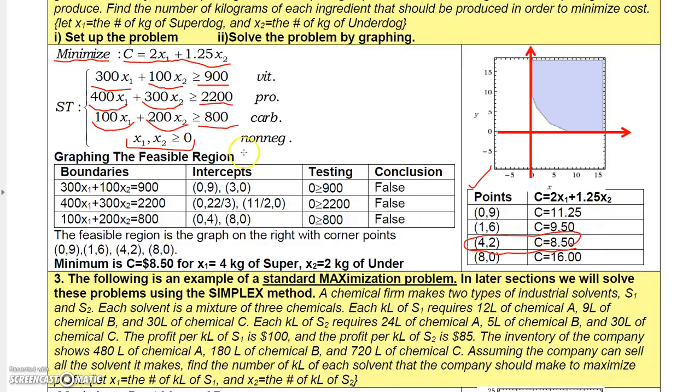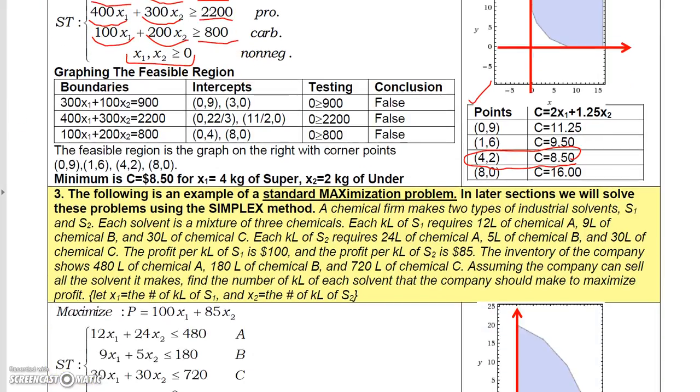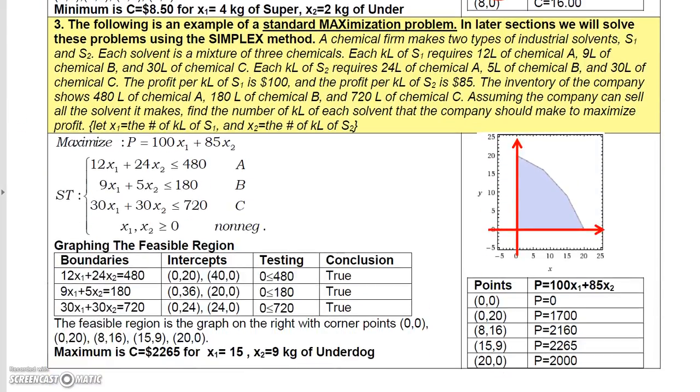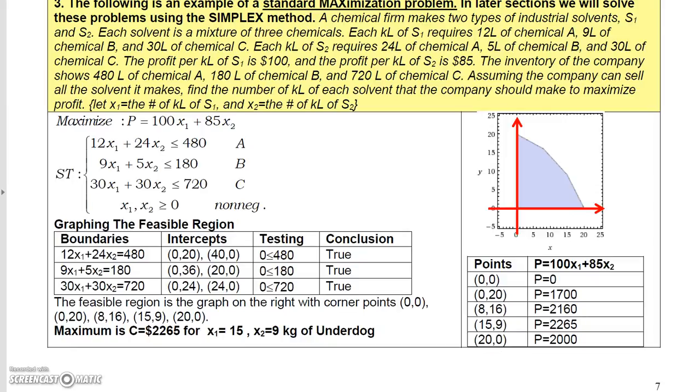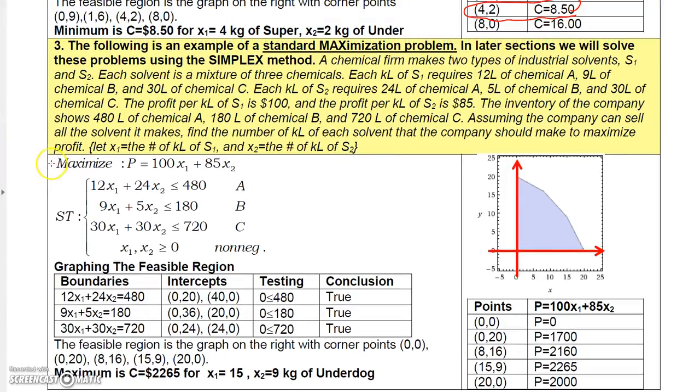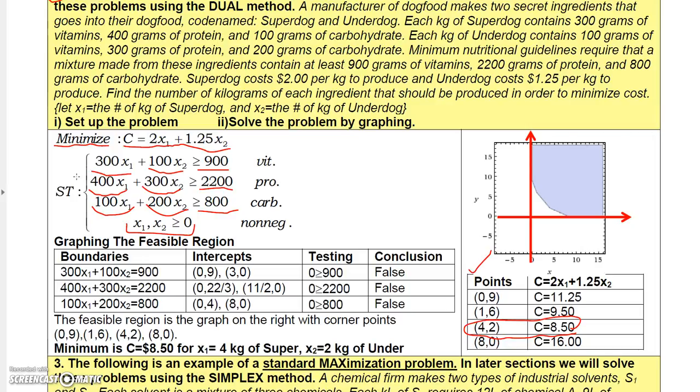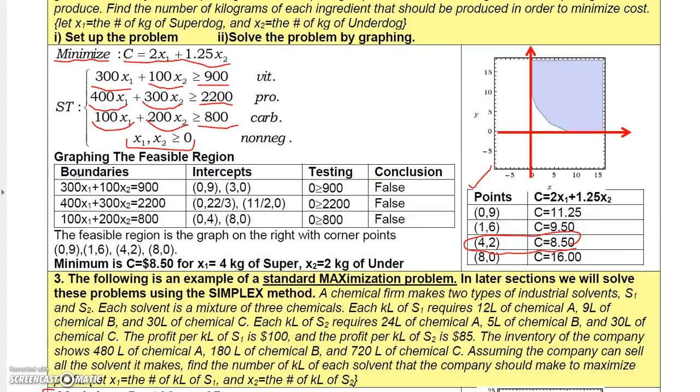So that would be your solution there. And go ahead and read number 3 and see how I set this one up, and look at the difference between number 2 and number 3, because this will come up later.